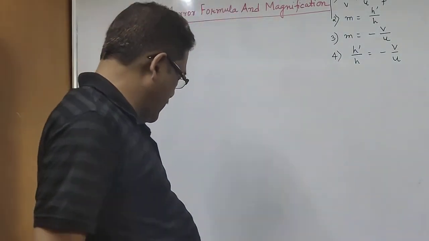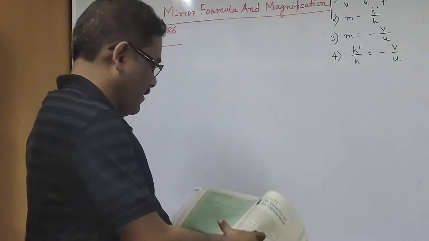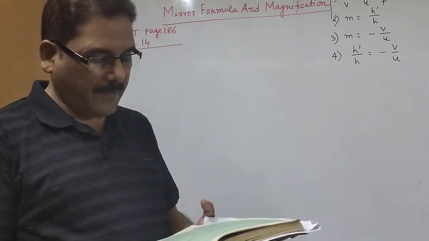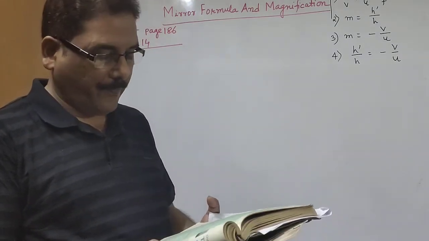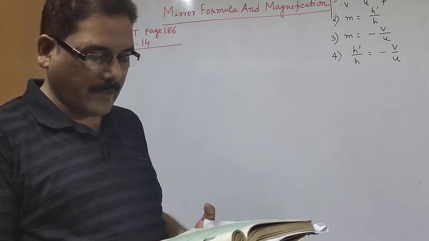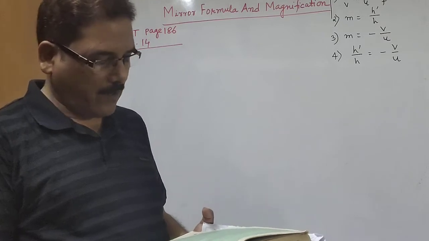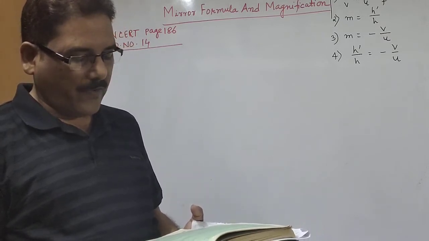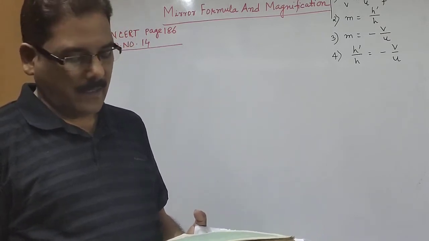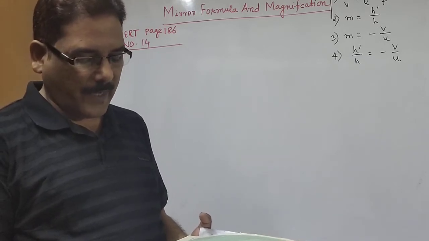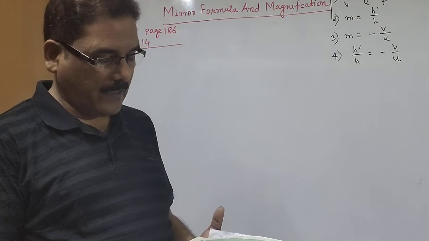First read the question carefully. The question is: an object 5 centimeter in length is placed at a distance of 20 centimeter in front of a convex mirror of radius of curvature 30 centimeter. Find the position of image, its nature and size.